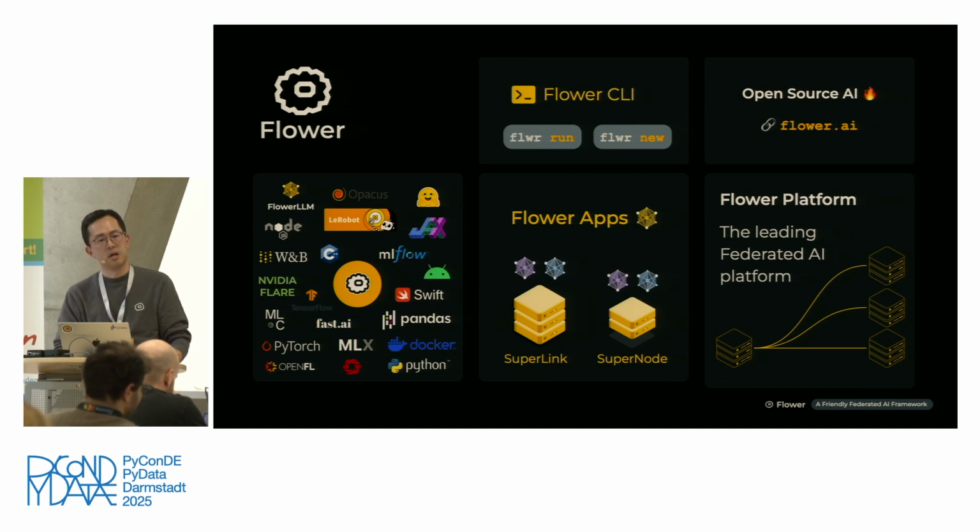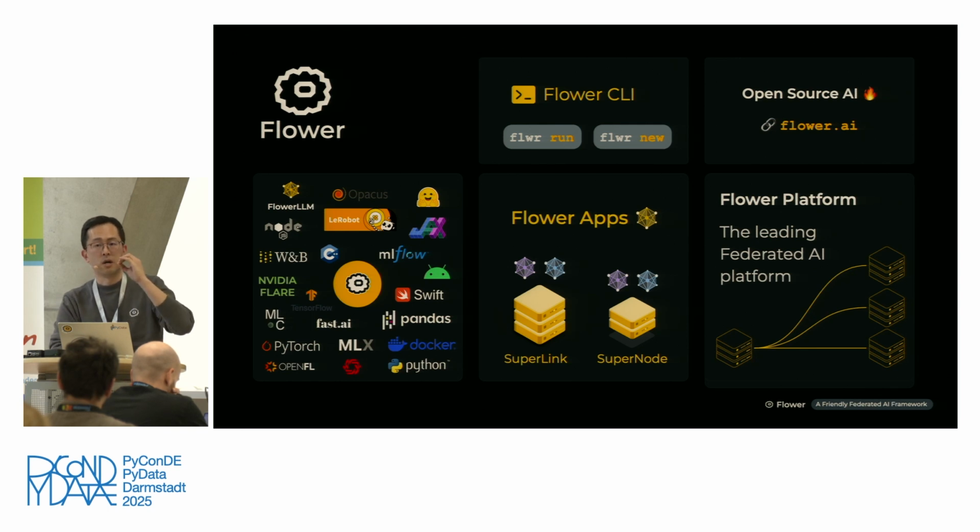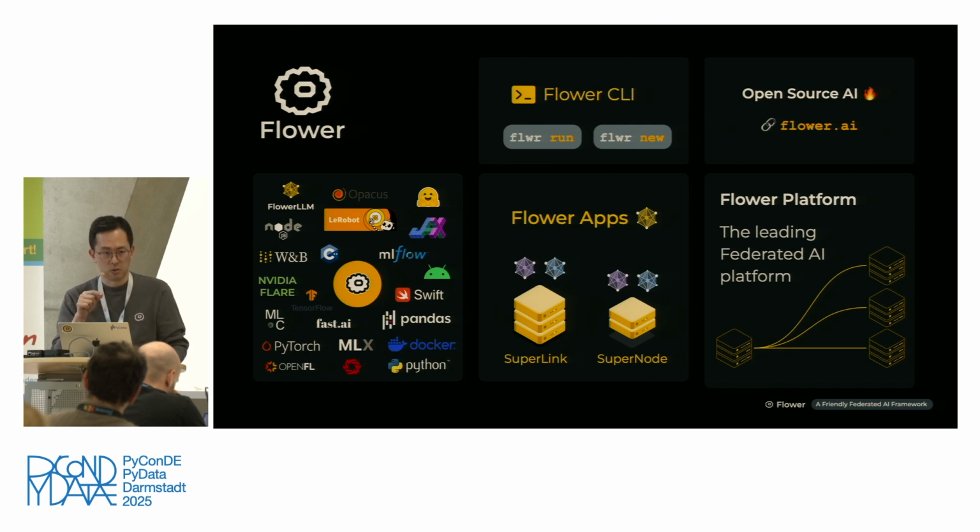Yes? In this use case, can you see the data of the hospitals? No, you cannot. The data always remains on the site, and this is the beauty of federated learning. The caveat is, if you want to do model inversion attacks and all the other types of privacy attacks, it's never 100%. It's always possible if you know what to do.